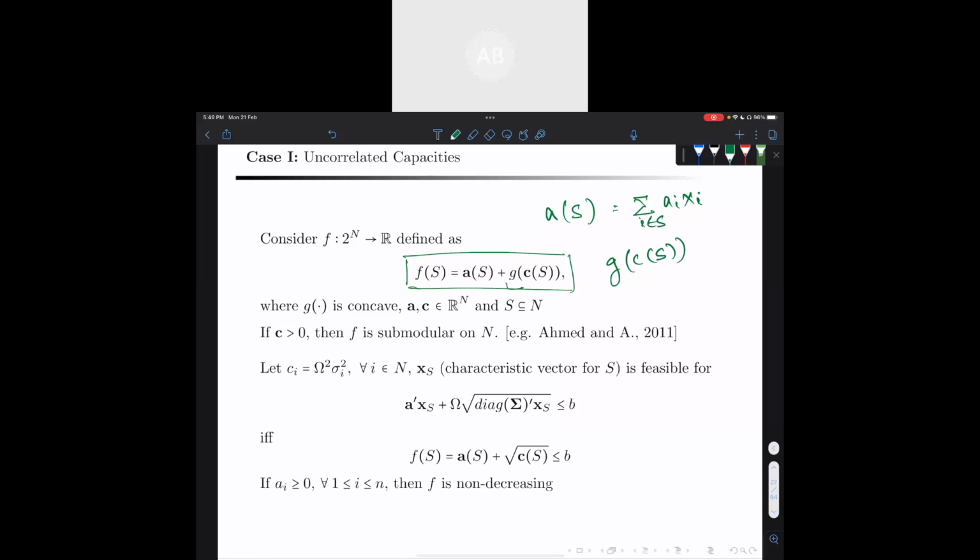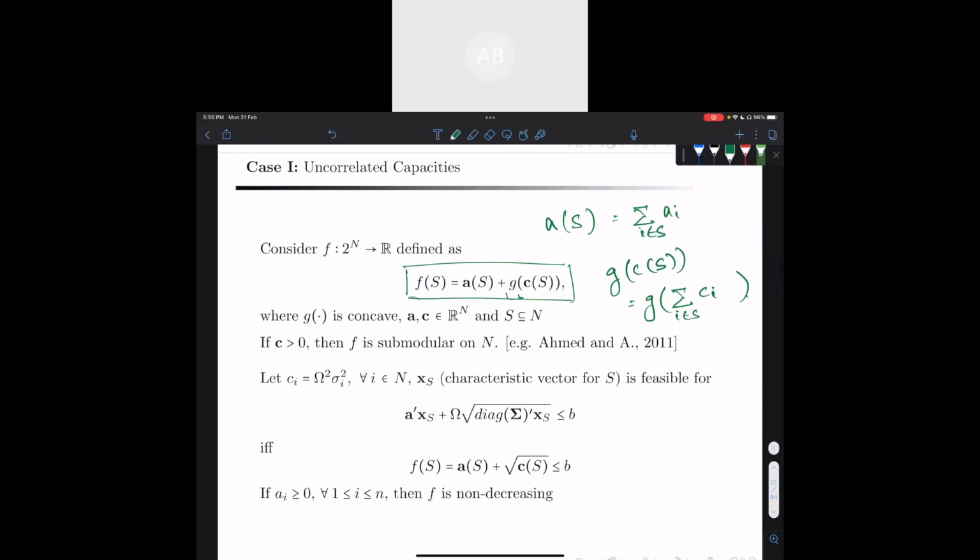If g is concave and c is the vector c, this is essentially g of the summation over i in S of c_i, not even x_i. If c is a positive vector and g is a concave function, then any function of this form is going to be a submodular function.